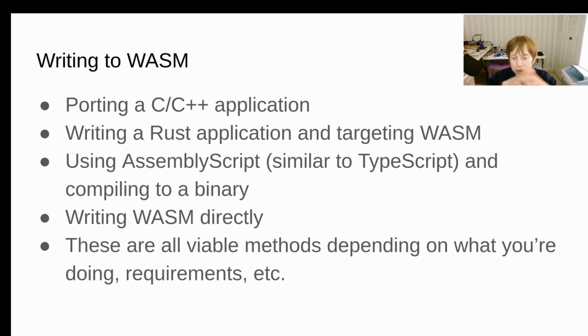They're all viable methods depending on what you're trying to do. If you really need speed, you may want to write directly. If you already have C and C++ code, then it may make sense to port it. If it's new, perhaps Rust or AssemblyScript are good options for you. The Parity Tech people used Rust.